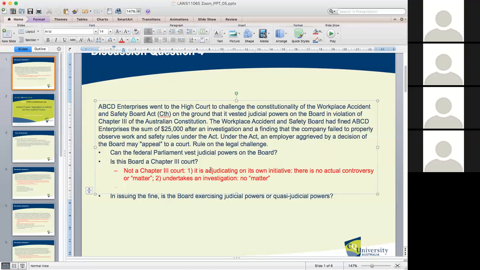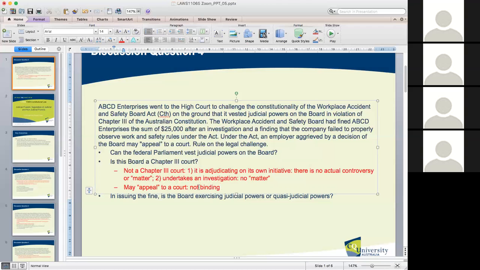If there is a provision which says that an employer aggrieved by a decision may appeal to a court, what does it tell us? Is that saying that it doesn't regard itself as a Chapter 3 court? Is it because it's not binding?